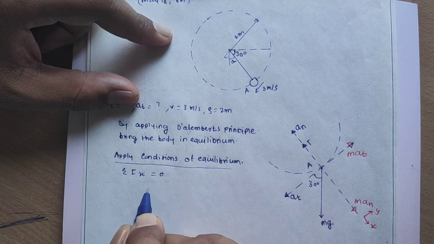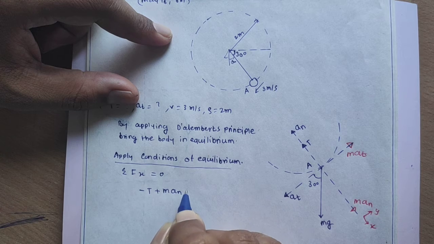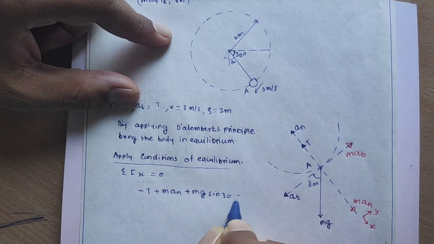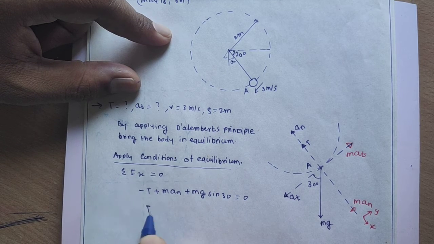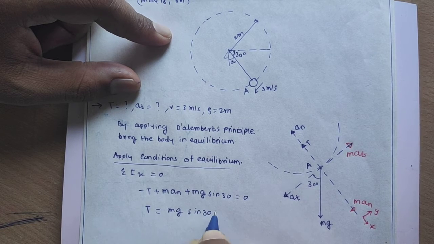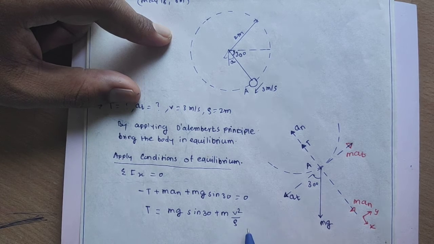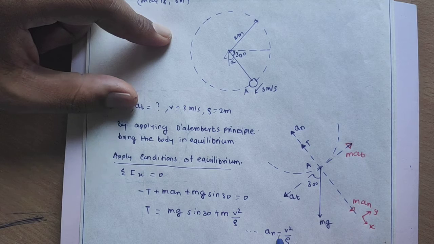So minus T plus MAN plus mg sine 30 is equal to 0. Then we can rewrite T is equal to mg sine 30 plus m v square upon rho, as we know AN is equal to v square upon rho.